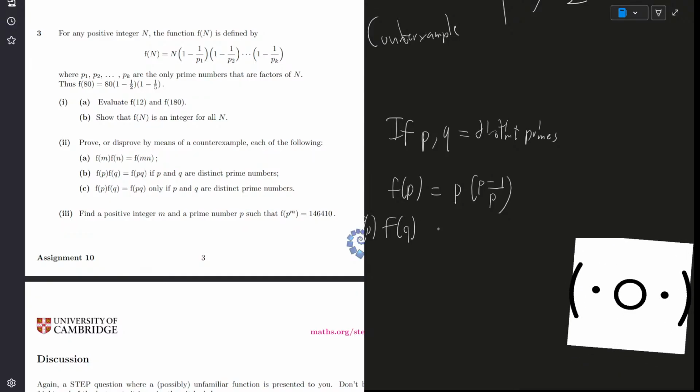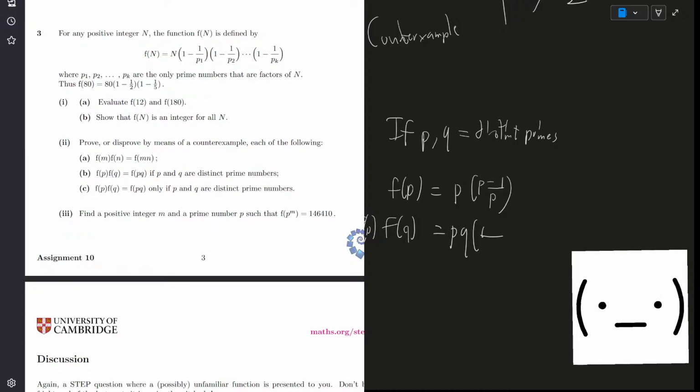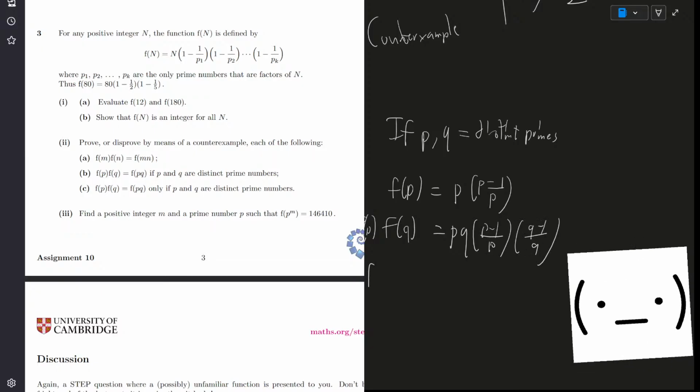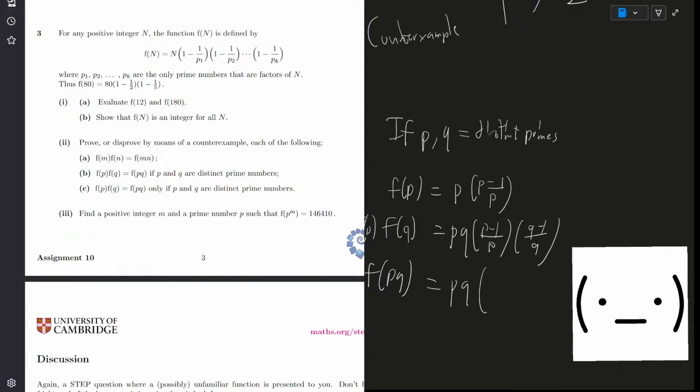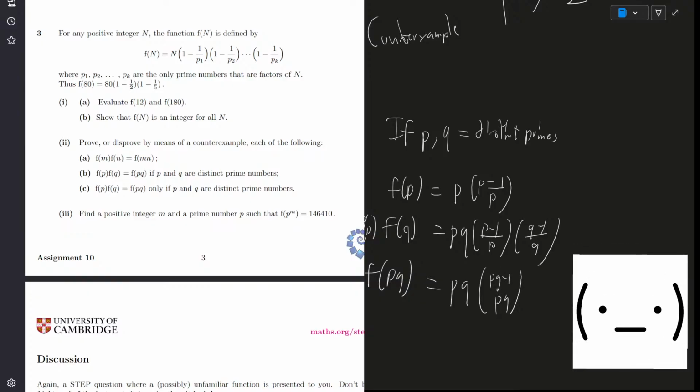So we can write basically the same thing for the entire expression. Now we have f of pq, which is this, minus this.